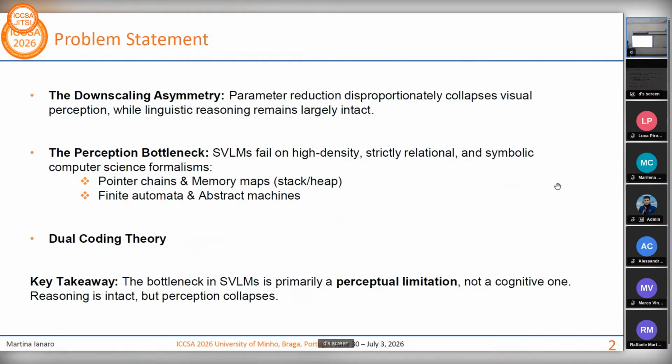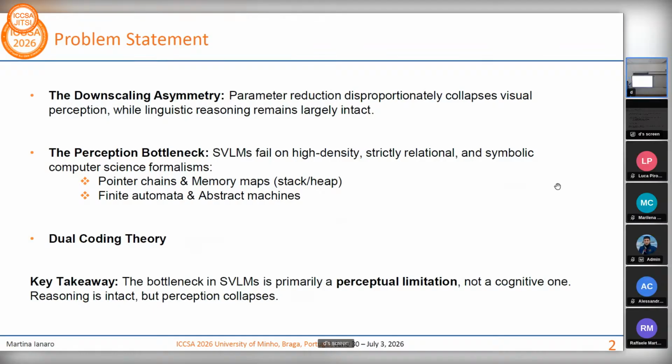The model's linguistic capacity remains intact, but at the same time we have a collapse in visual perception. This is the main problem, because if we want to deal with images in computer science education, we have to change the way of representing the visual data, which are the main informative elements inside the textbooks of computer science education or programming languages.